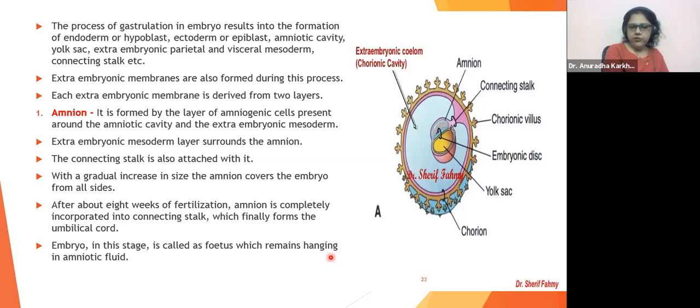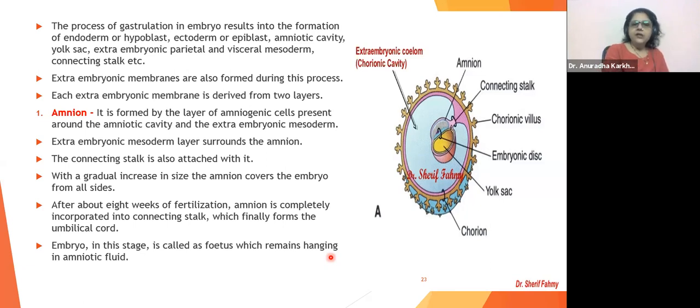Extra-embryonic mesoderm surrounds the amnion. The connecting stalk is also attached to it, so the amnion and the connecting stalk are attached to each other.